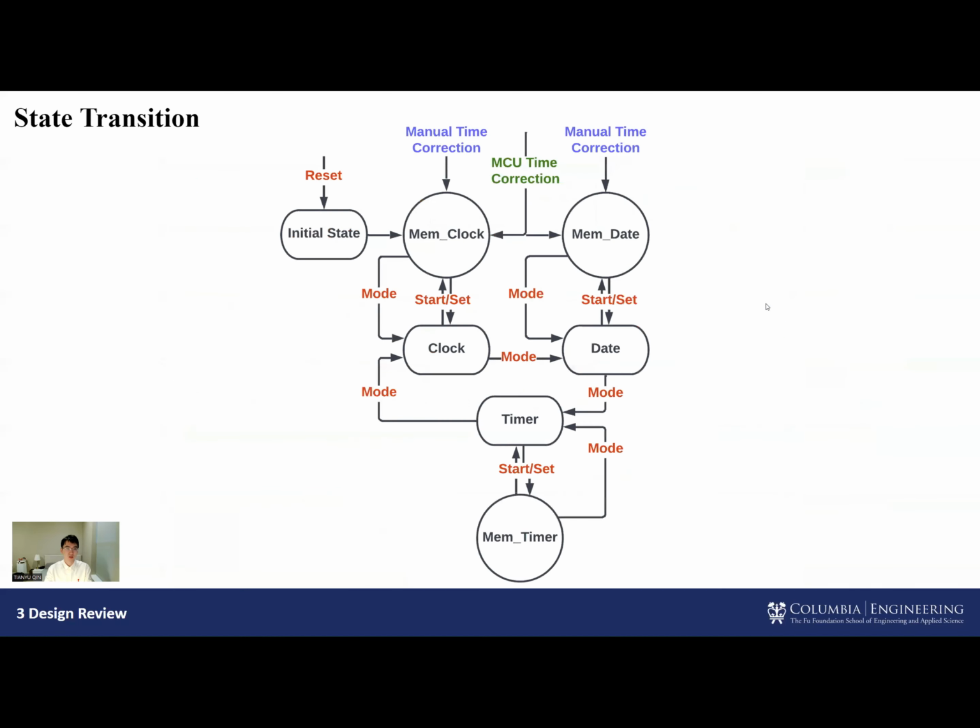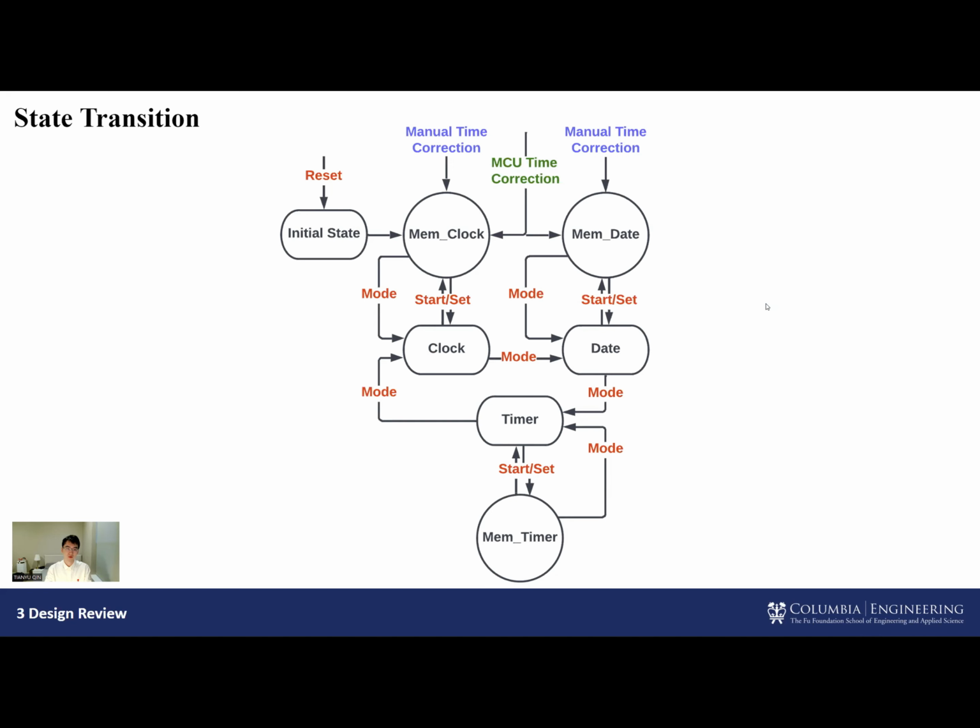And next is our state transitions, or we can call it our chip user menu. Basically, we have 3 important functionality modes: showing the clock, showing the date, and showing the timers. For each functional mode, we have a corresponding time setting mode. We call them memory clock, memory date, and memory timers.